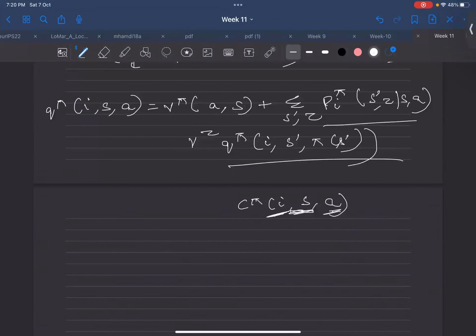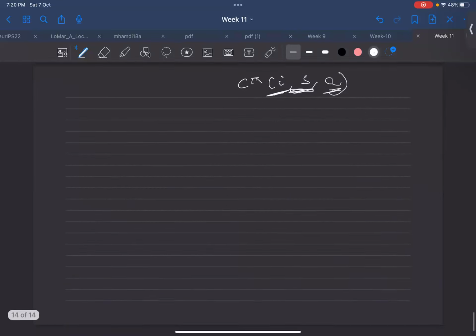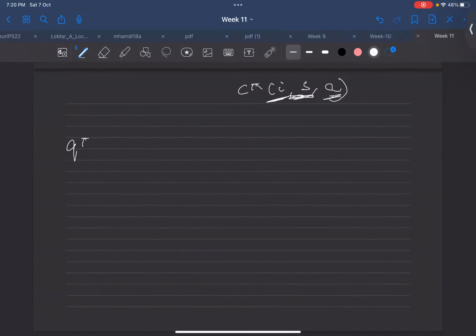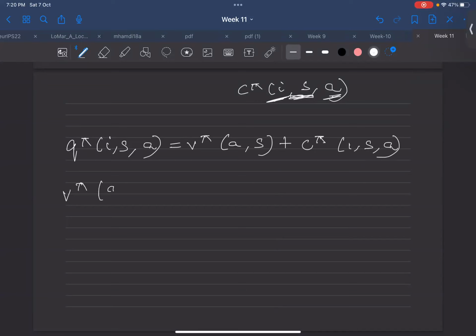I'll write the equations and then we'll go again. Wait a second. I'll just write this and compute it.